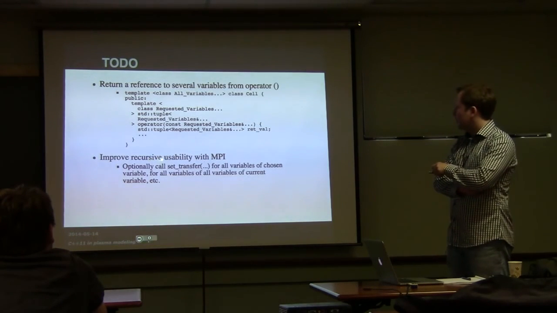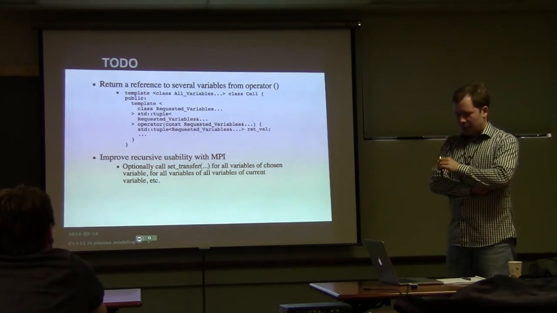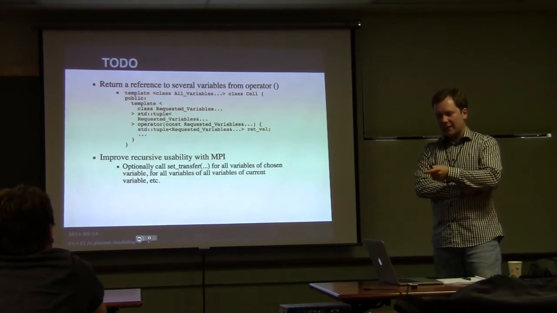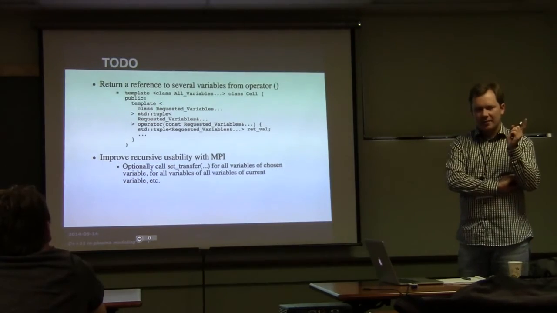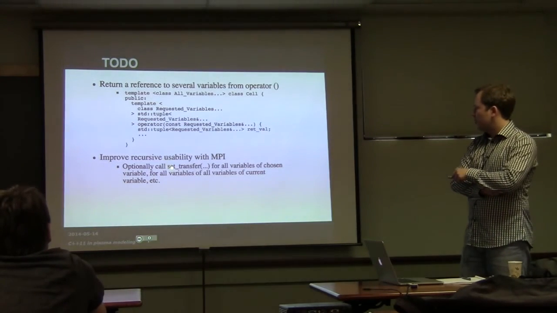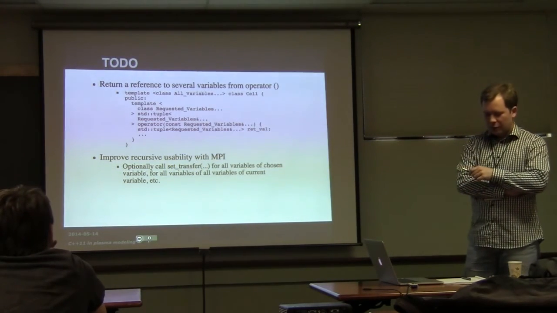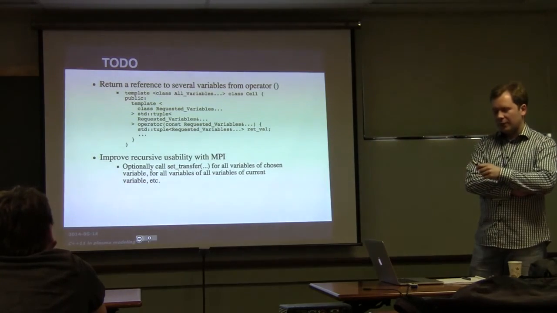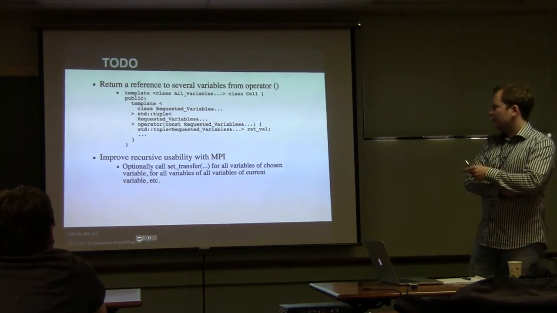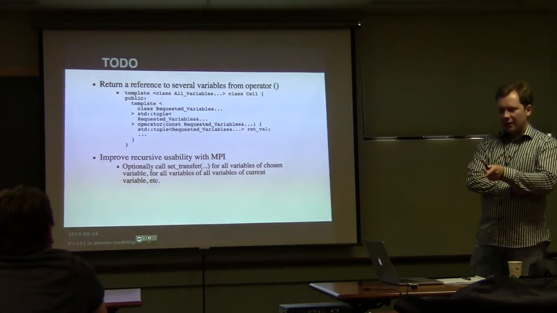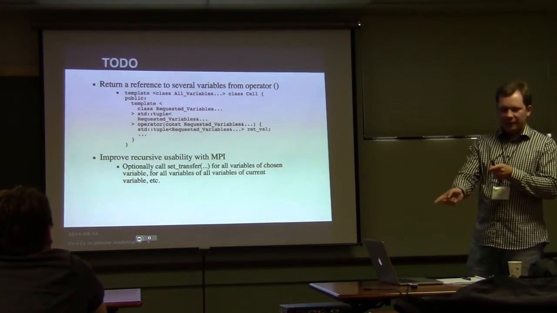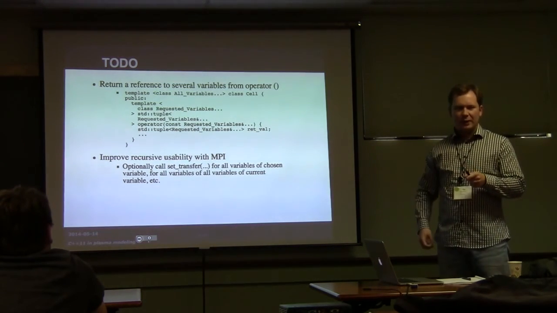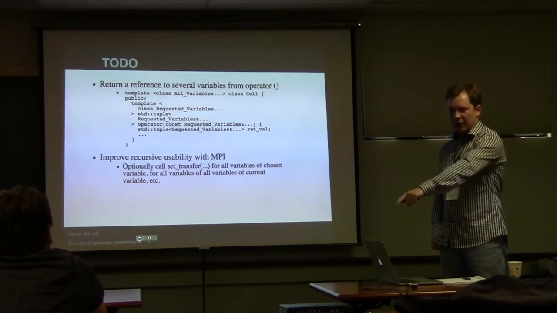And also this recursive use of the cell class. So if the cell class itself is a variable in some other cell class, at the moment the user would have to call set transfer, or decide whether to transfer the variable, and then decide whether to transfer any of its variables. And if you want to transfer everything, then you have to go through the whole chain.